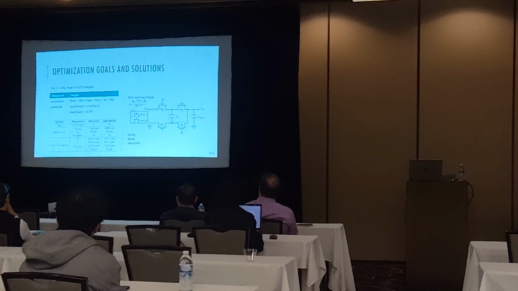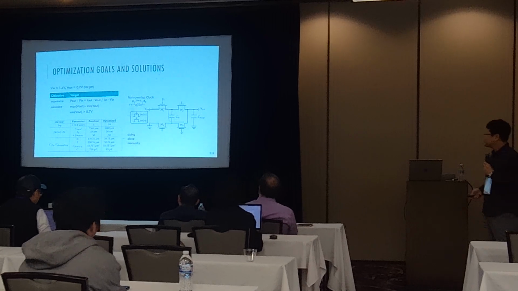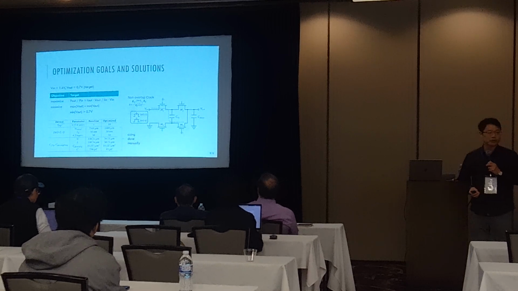And we're going to minimize the voltage ripple, the difference between the max and the min. And we want to make sure that the output voltage is at least 0.7. So based on these requirements, we're going to focus on the sizing. We're going to size these 4 transistors and 2 capacitors.